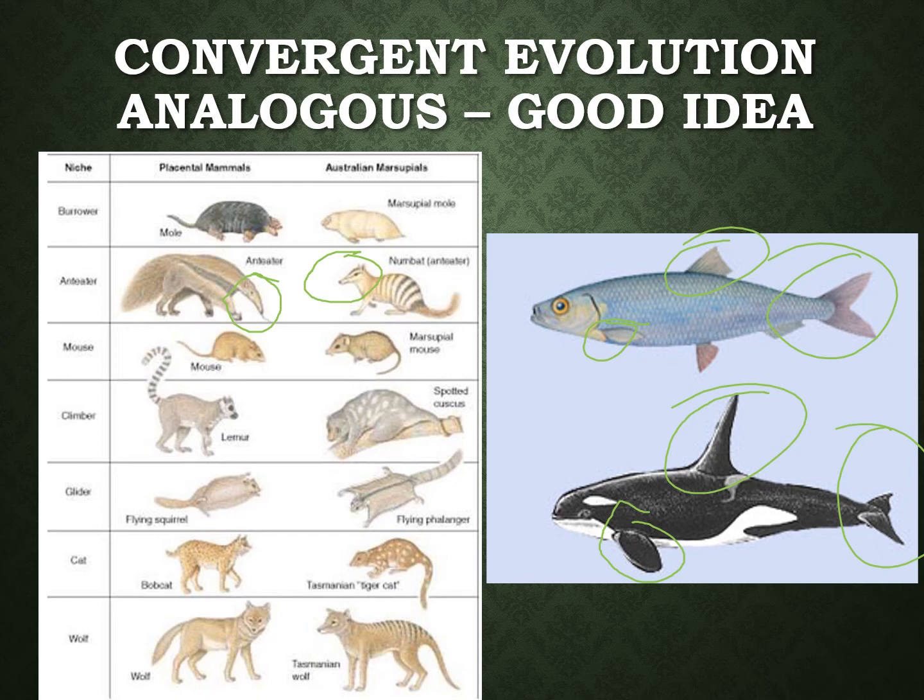So this shape is good for swimming. It's well suited for swimming through the water quickly, efficiently, easily. So these not very closely related animals have developed a similar strategy.